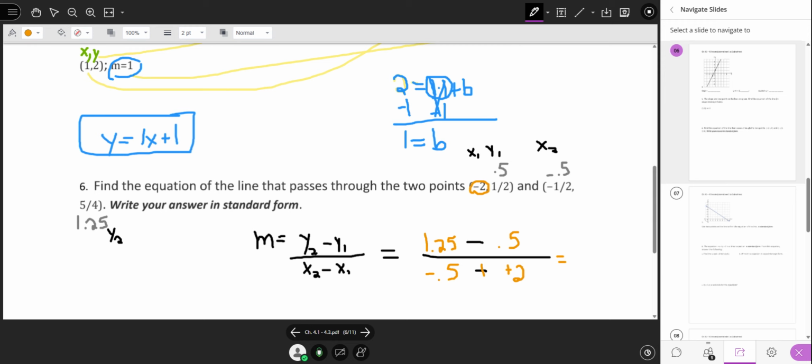Now, sometimes it's easier to just use a calculator. So 1.25 minus 0.5 is 0.75. Negative 0.5 plus 2 is 1.5.